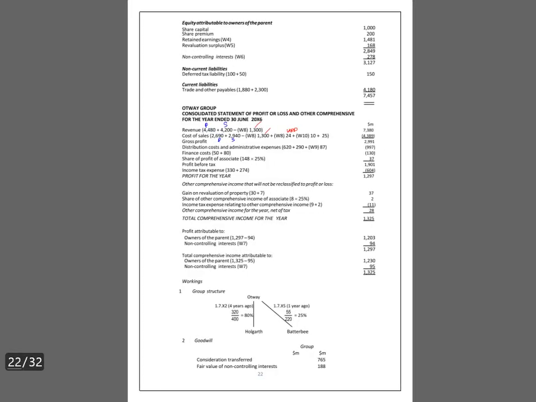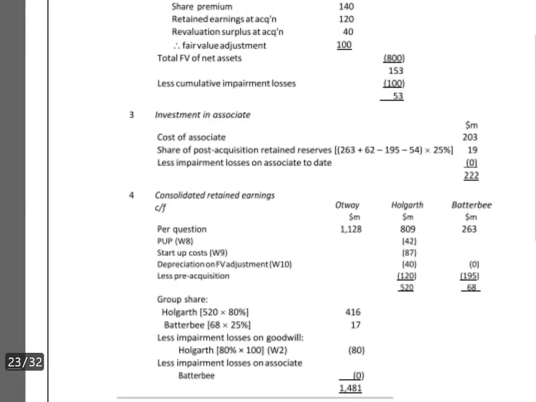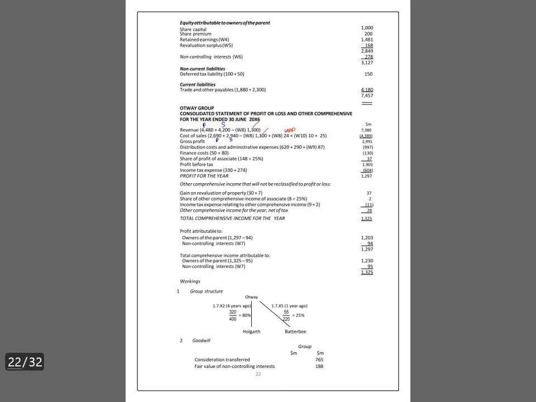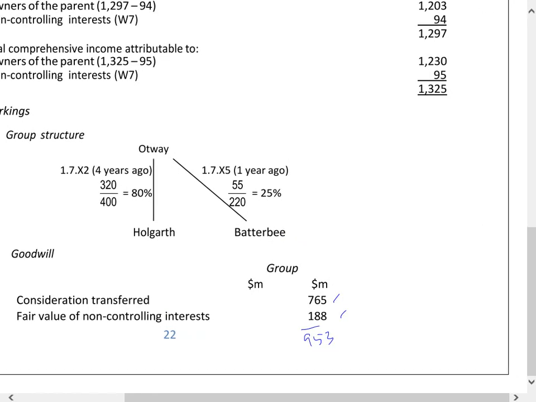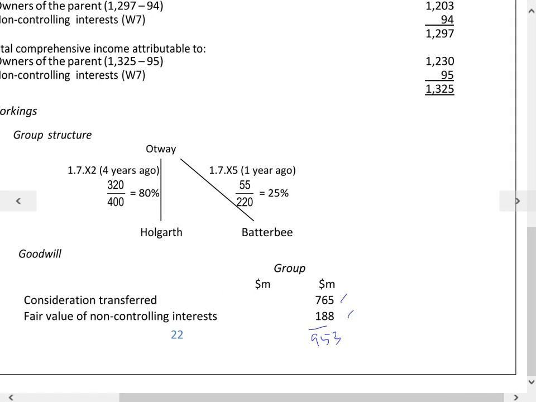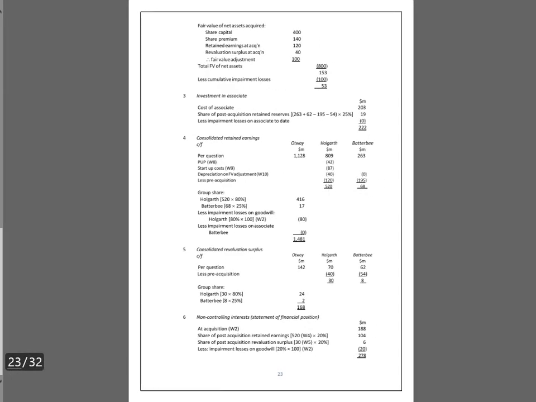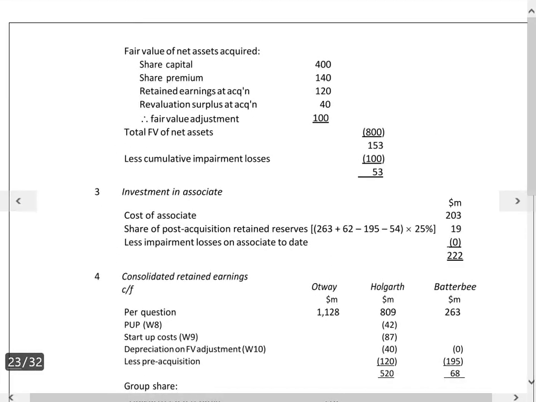We look at the working here. Consideration transferred 765 plus the fair value NCI totals up to 953. Less, this is the ordinary share, and this is my balancing figure. This is given, and given.